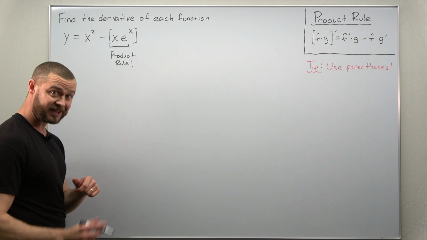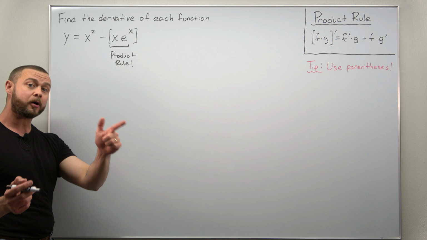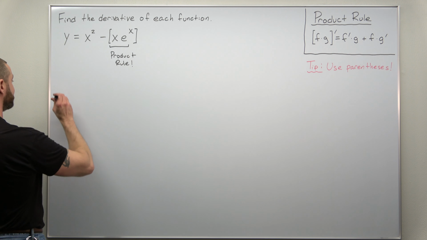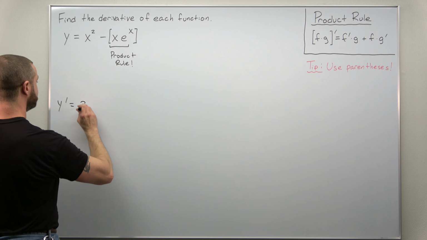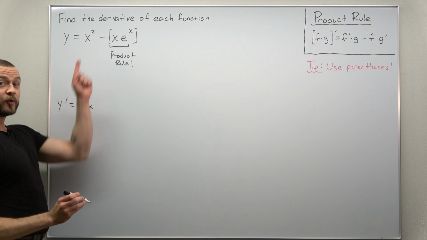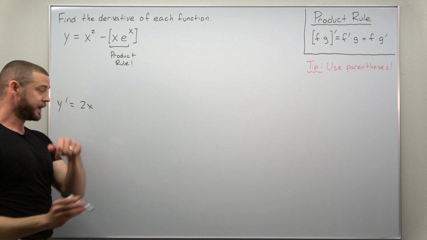That's the derivative of the first term, x squared, which will just be 2x. So let's write down our partial answer. We might write this as y prime. Differentiate x squared, you'll get 2x. We're going to write the minus, and I'm going to carry down the parentheses. And everything that goes after those parentheses, that'll be where we apply the product rule.